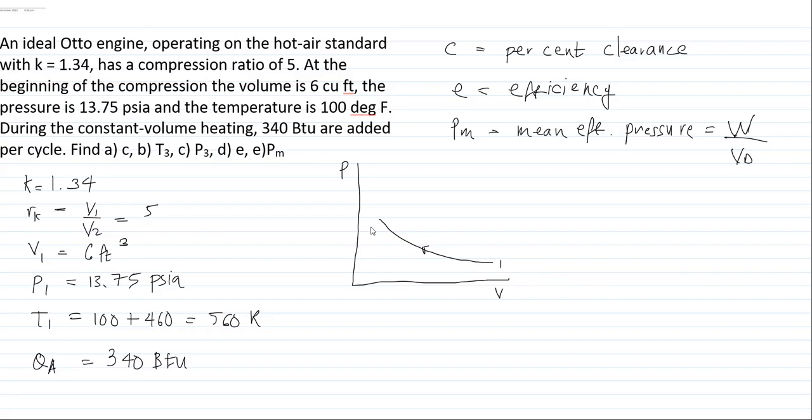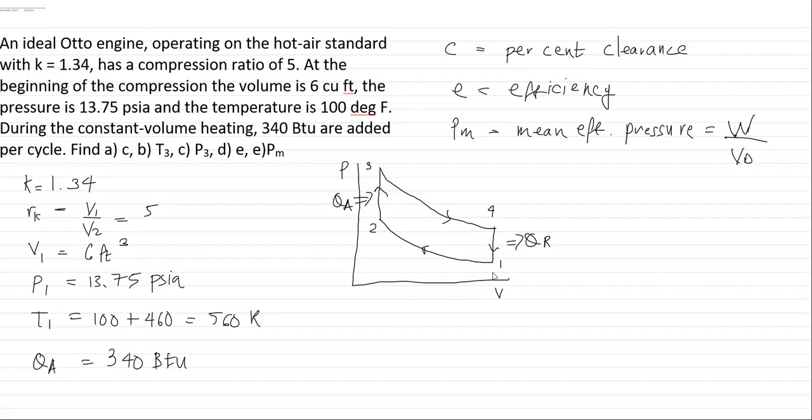Let's say this is point 1, this is point 2, and then you have the constant volume addition of heat. That's a vertical line going to point 3. You have again an isentropic expansion going to point 4, and then from point 4 going to point 1, this is the rejection of heat. So we have here QA, we have here QR, rejection of heat.